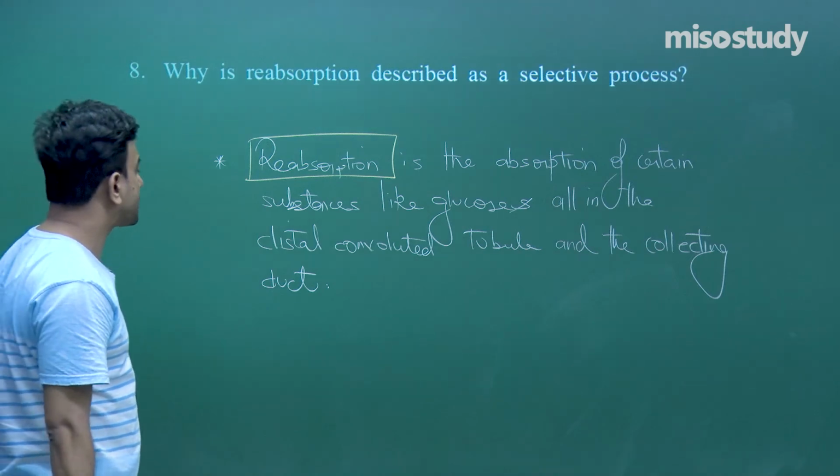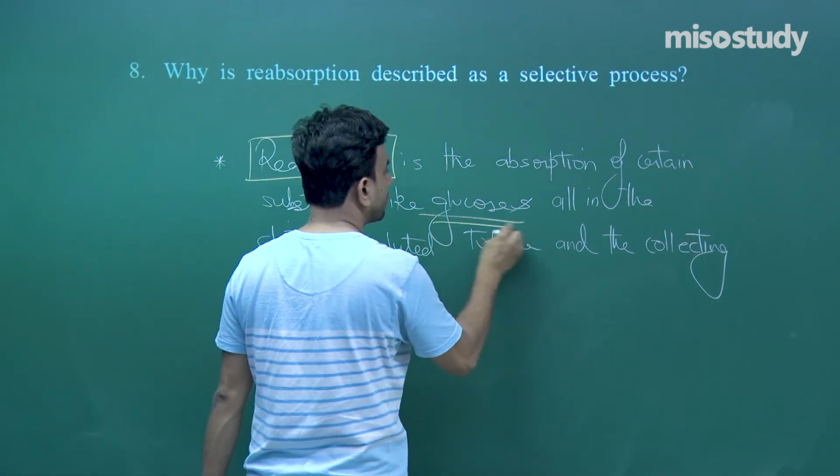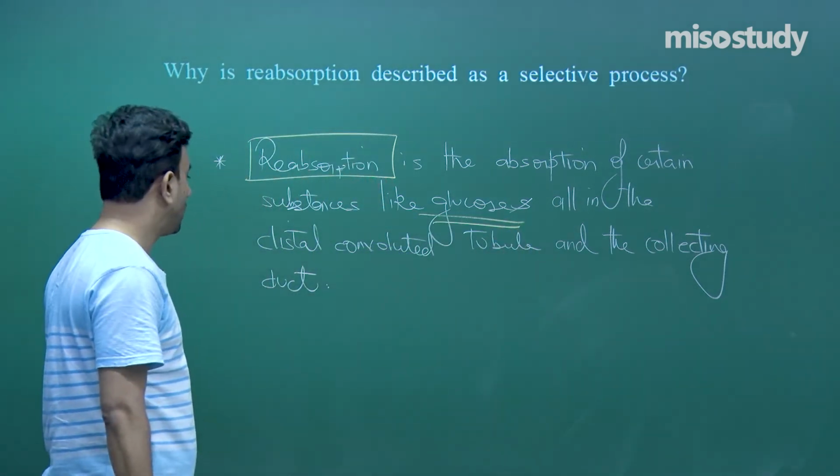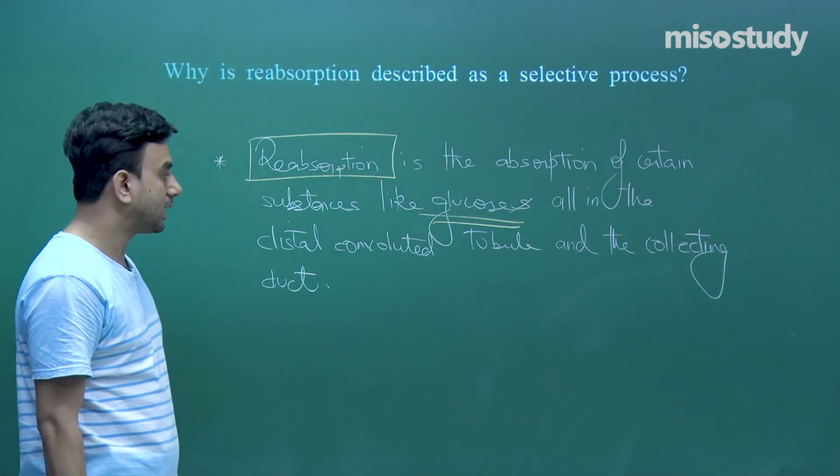Reabsorption is the absorption of certain substances, like glucose and all, in the distal convoluted tubule and the collecting duct.